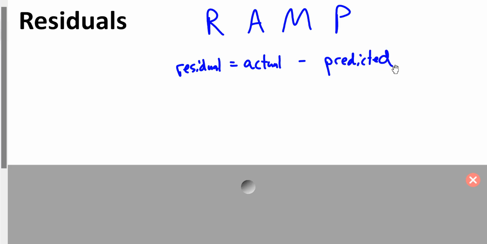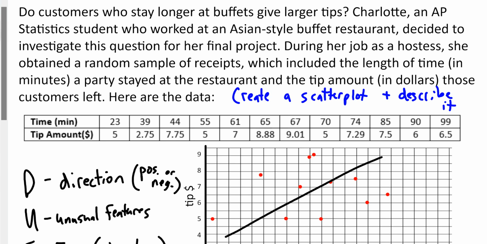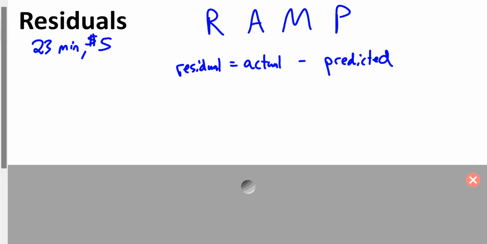So you can find an individual residual for each point. Let's just take, for instance, 23 minutes. The person who stayed 23 minutes. The actual was $5. So if you go back and look at our data, the actual for that 23-minute person, first one, is $5. So we can find the residual for that. So this is actual.